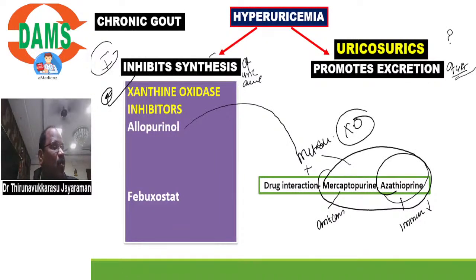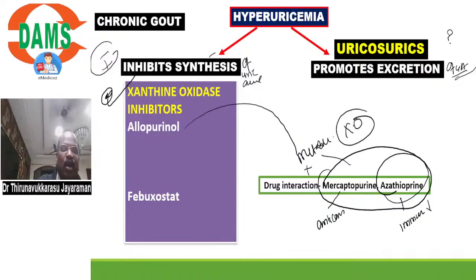So a question: when you are using allopurinol with 6-MP, can you please answer? 6-mercaptopurine, an anti-cancer drug, and azathioprine, an immunosuppressant, both normally undergo metabolism by xanthine oxidase.